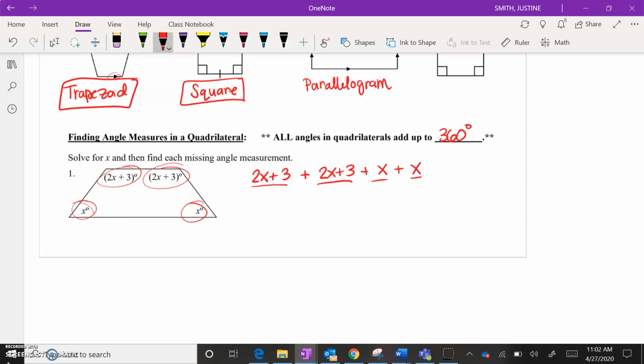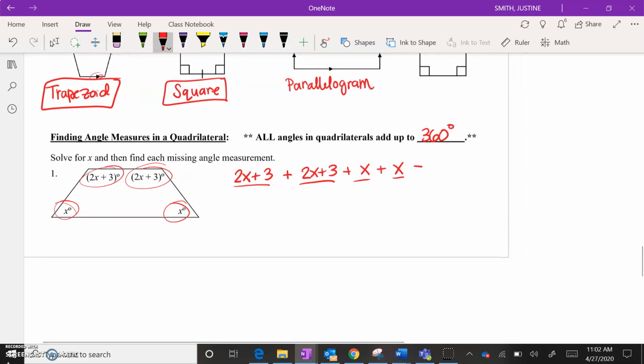All four angles should sum to 360 degrees. So I have 2x plus 2x plus x plus x, which is 6x, plus 3 plus 3, which is 6, so 6x plus 6 should be equal to 360.